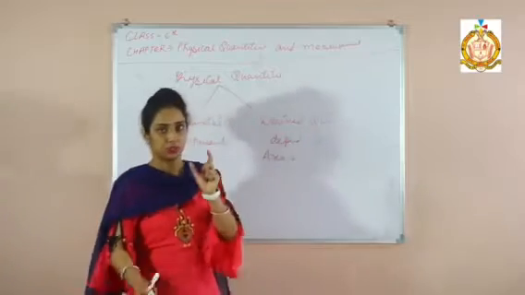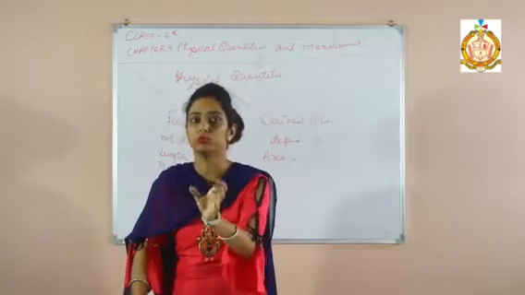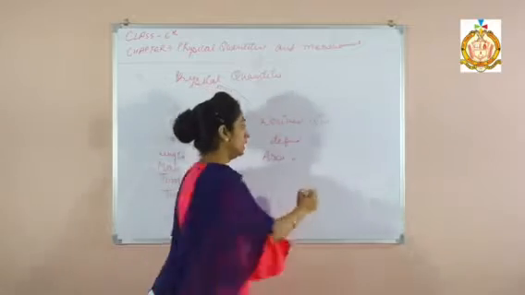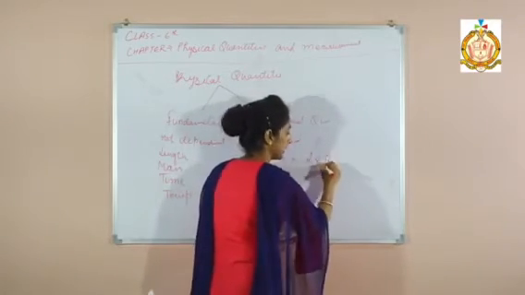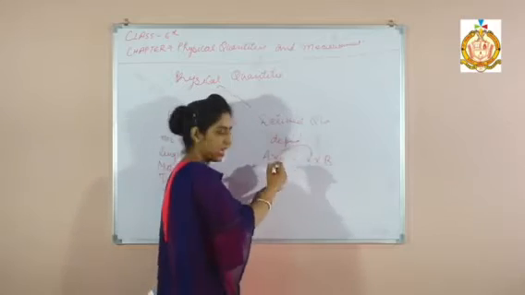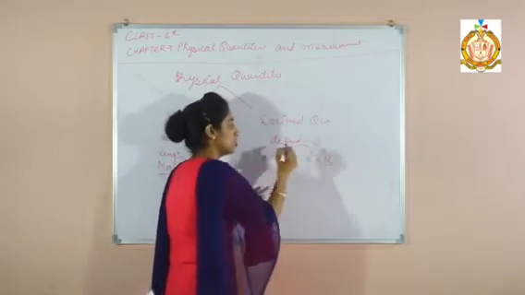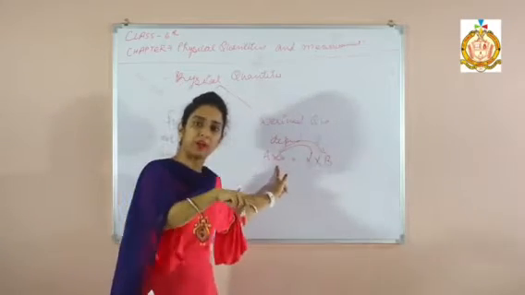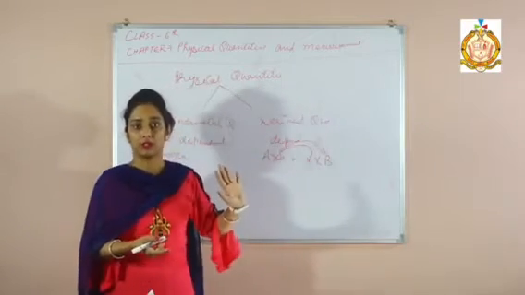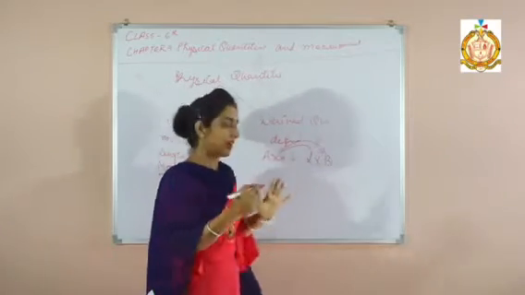When we find the area of a room, we need the length and breadth of the room. So length multiplied by breadth, right? So area is dependent upon length and breadth. So this quantity depends upon other quantities. This is called a derived quantity.